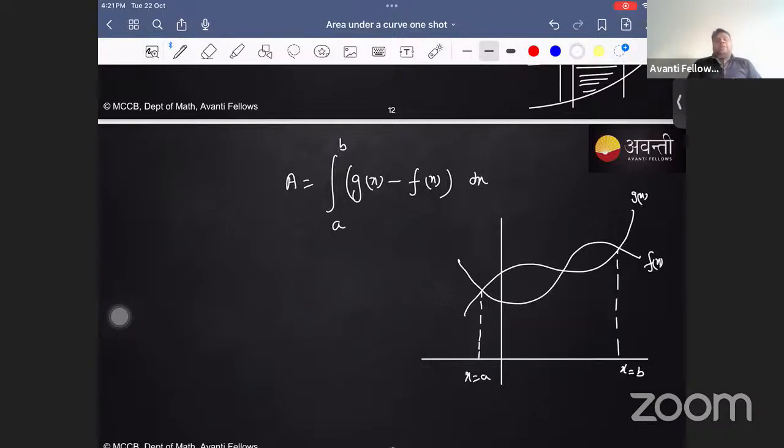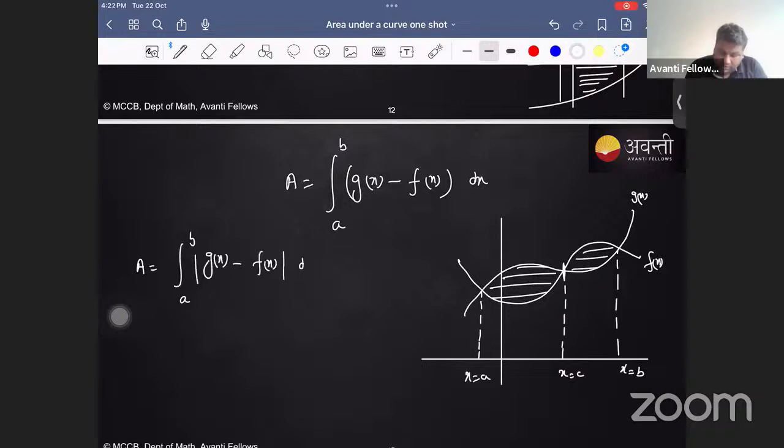And what is happening is that these two curves are intersecting somewhere in between at x equals to c. So basically this area they are asking you to figure out bounded by these two curves from a to b. So area will be what? A to b gx minus fx mod dx.